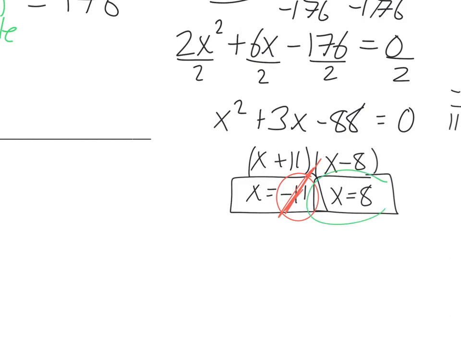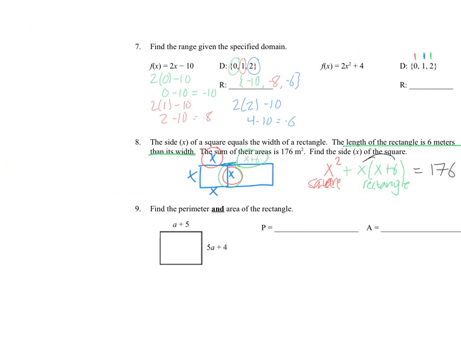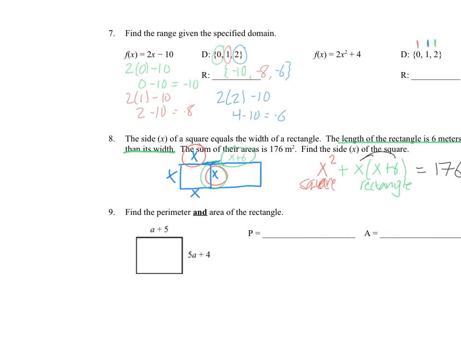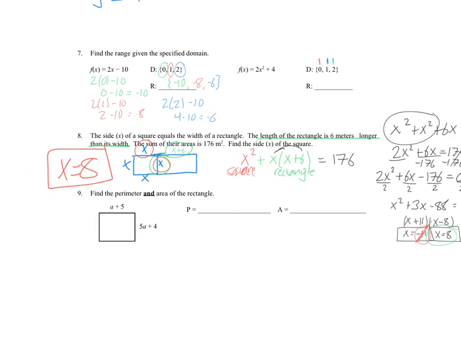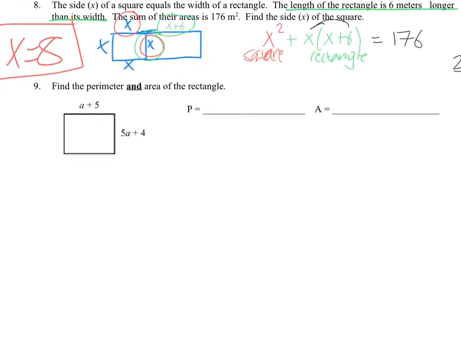So there's only one possible answer: x equals 8. There you go. It's just a quick quadratic question, no big deal. Hopefully those steps made sense. I know it's kind of hard to think through that yourself, but hopefully we're okay with that.